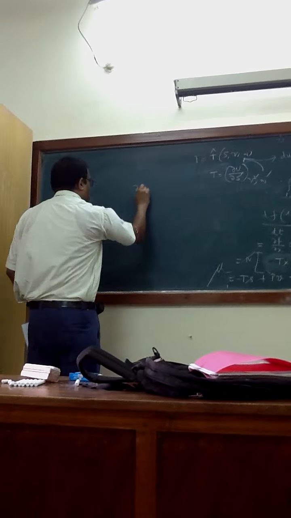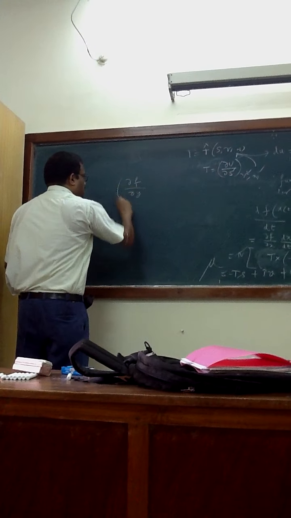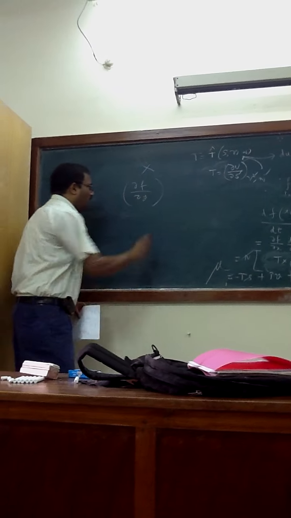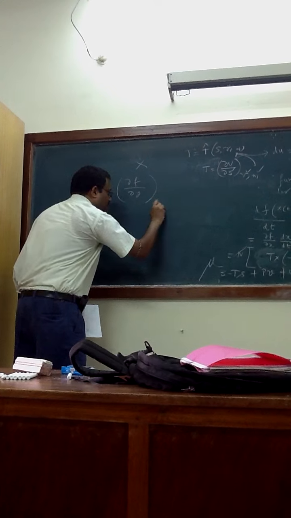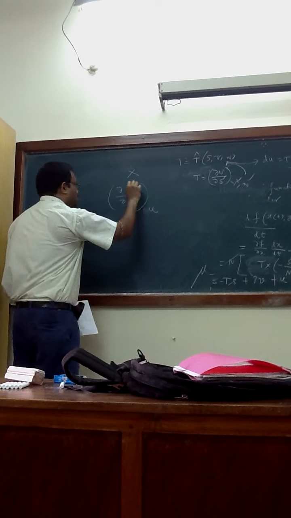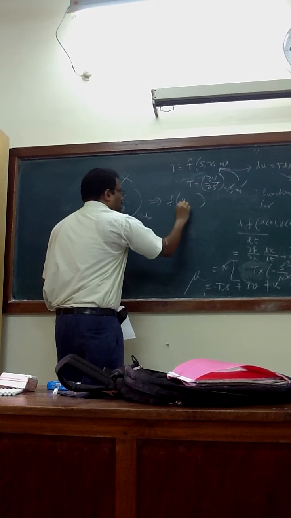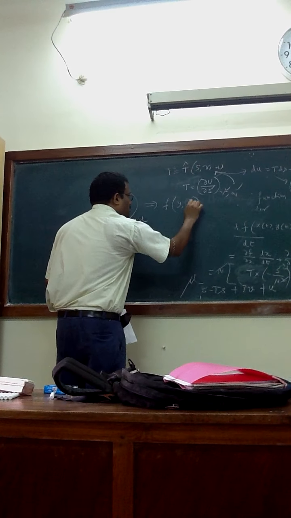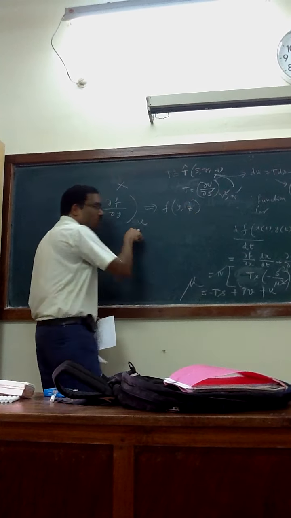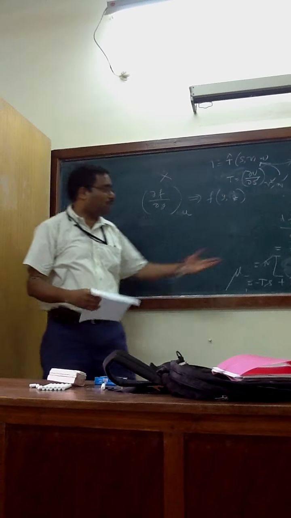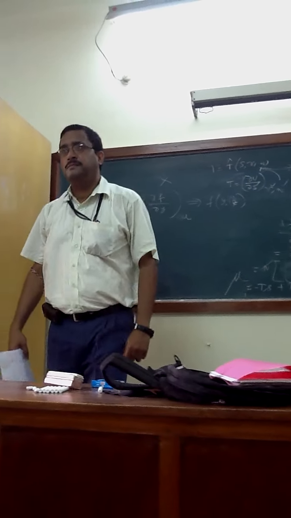If I write dou F by dou Y, it is wrong unless I put something here like Z or U. In that case, I have to know what my function actually is. Is it U or Z, and based on that I put it. And that's the way the swapping business is done.